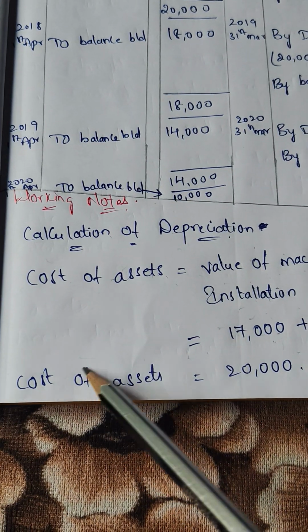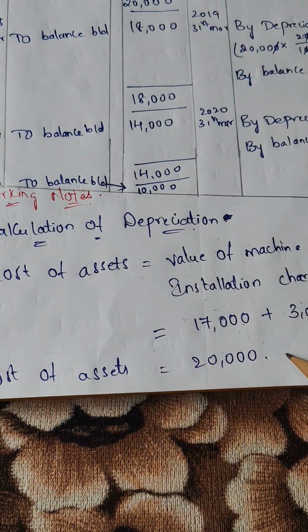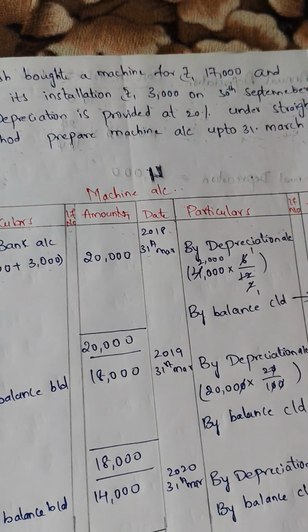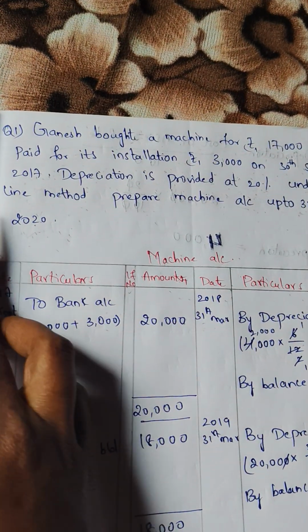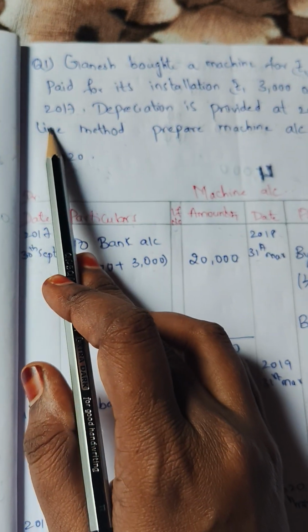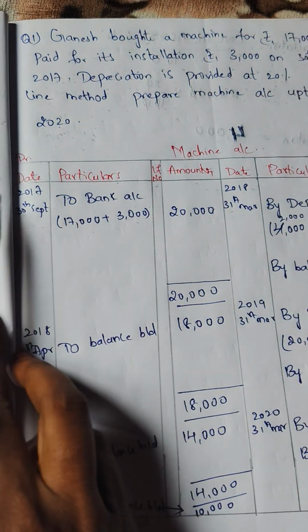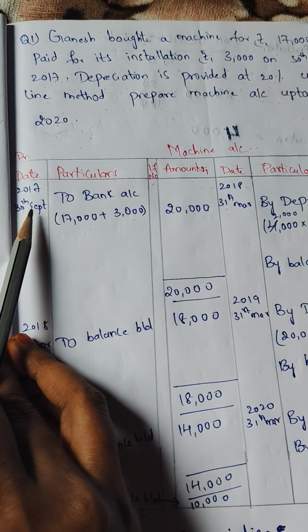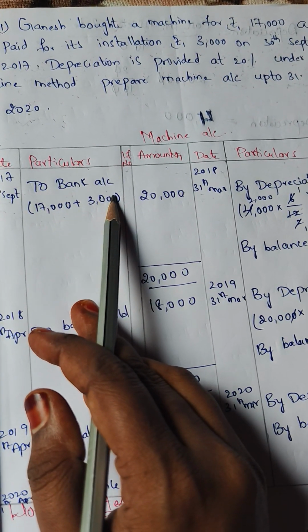So here we got cost of asset equal to 20,000. Now see here, he purchased that machine on 30 September 2017. So in the date column on the debit side we have to write 2017, 30 September, to bank account.